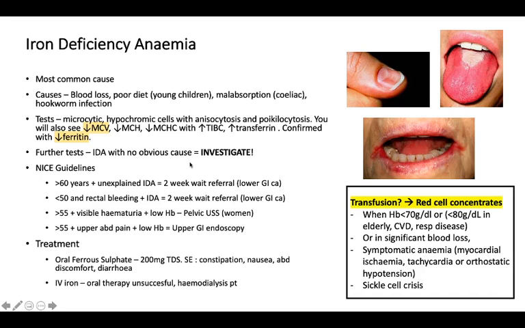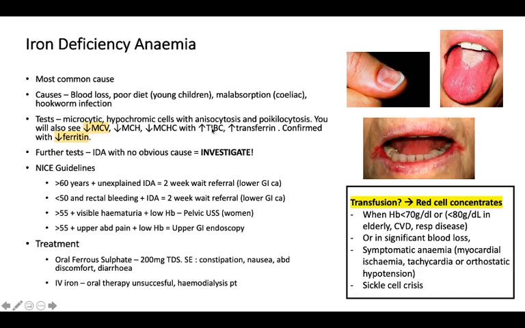Obviously, you would see a reduced mean cell volume because it would be a microcytic anemia, and as a result, you would also see a reduced MCH and MCHC, and you would also want to do some iron studies. So in this, you would want to look at three main things.